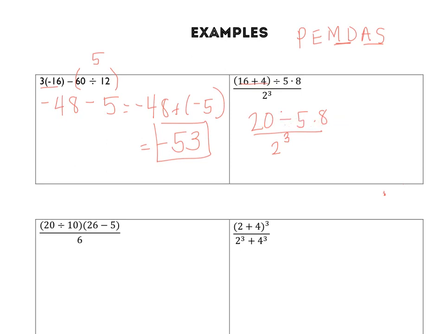So we have to go this way because we have division and multiplication left. They hold the same power, so we have to do them as we read them left to right. So I'm going to do 20 divided by 5 is 4 times 8, and then my exponent is 2 to the third power, which is 8, and so that is 32 divided by 8, which equals 4.